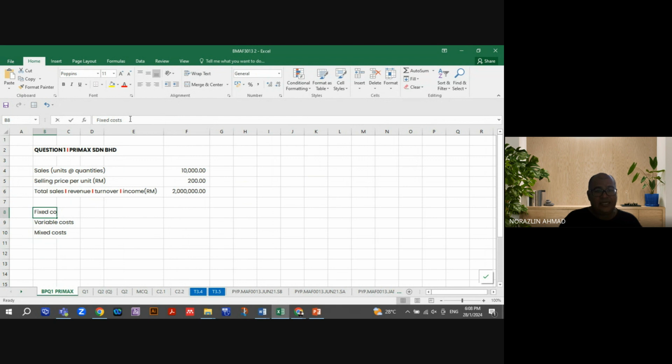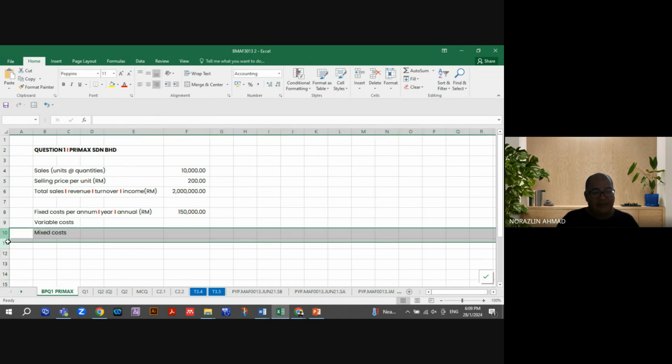For fixed cost, the question gives you fixed cost per annum, or per year, or annual. This is fixed cost in RM, Ringgit Malaysia, RM 150,000.